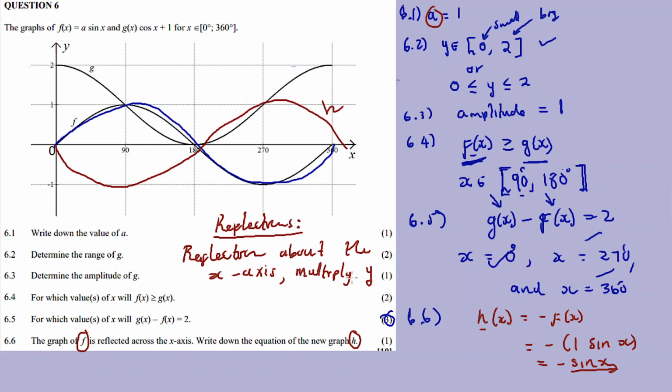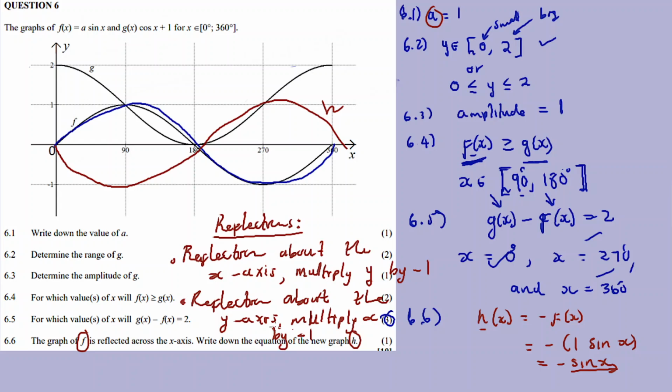Y, the whole function, in other words, by negative 1. Yes, by negative 1. Then the reflection about the y-axis, multiply x by negative 1. Yes, nginishiyana lokhu ke.